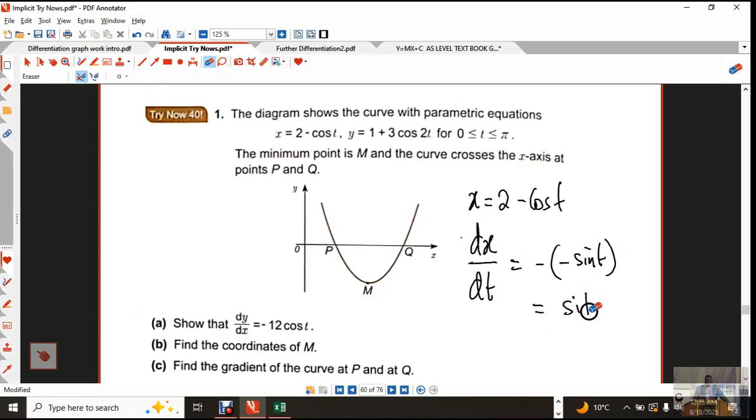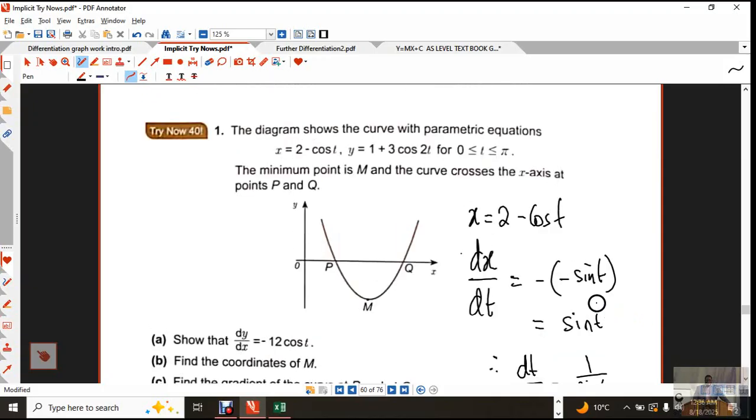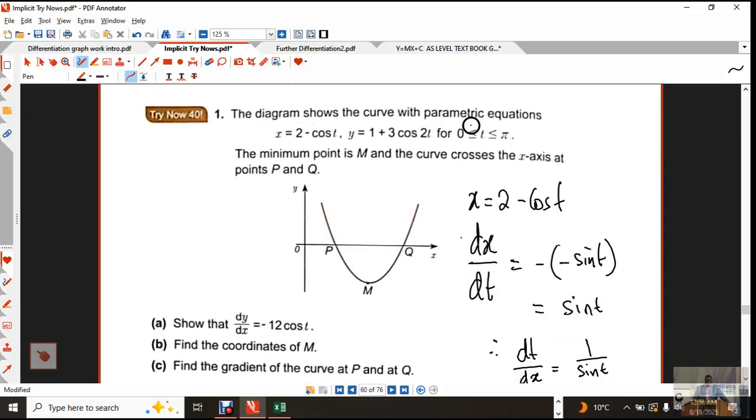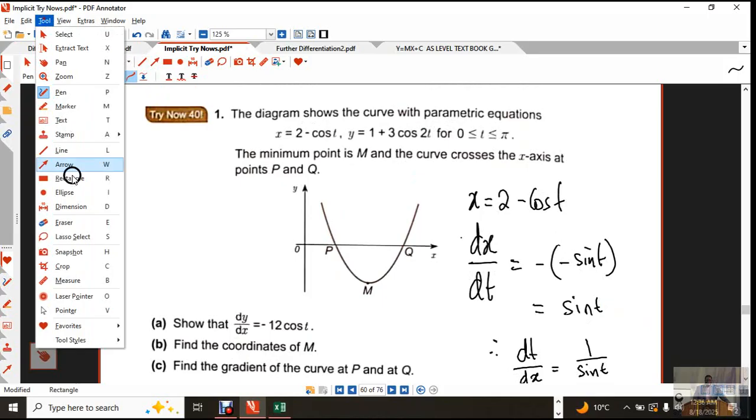That's it. So therefore, dt dx will be 1 over sine t. Hope that makes sense. Right, the next one obviously that we need to find is this one over here.